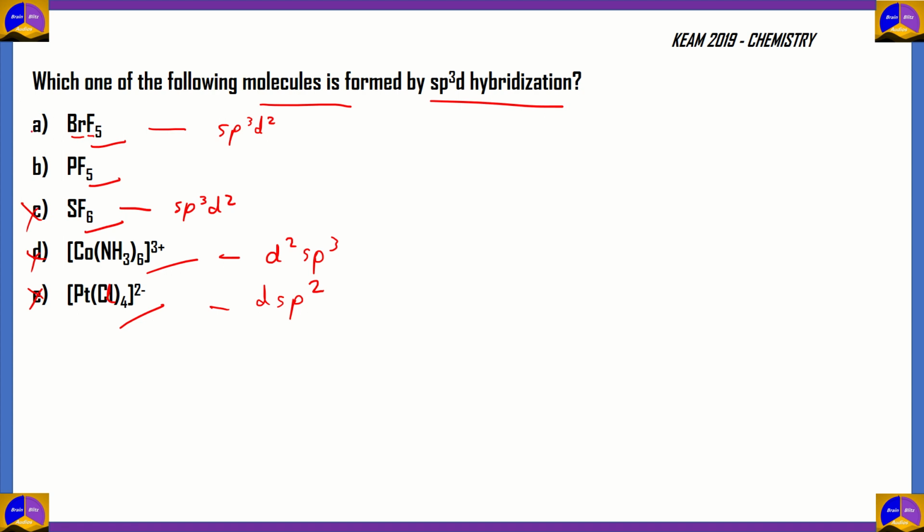So option A is incorrect. That means the right answer is option B, PF5. Phosphorus pentafluoride has sp3d hybridization. It's got 5 electron shares, distributed across 1 s, 3 p, and 1 d orbital.